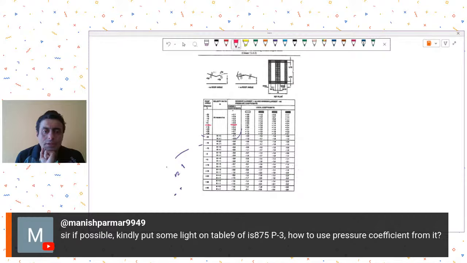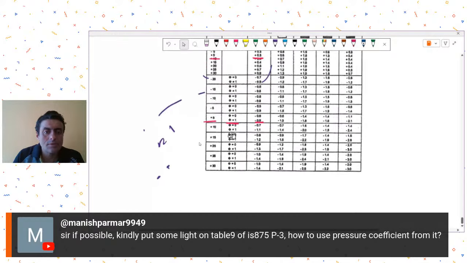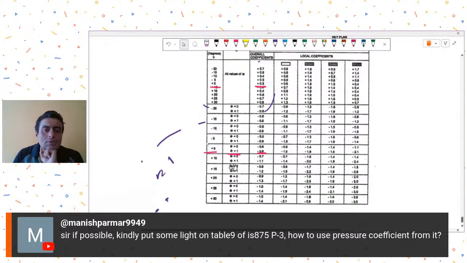And then over here, let's say plus 5. For phi equal to 1, it is given minus 0.9. Oh, it is plus 0.3. What is this? Wait a minute. What is given over here?